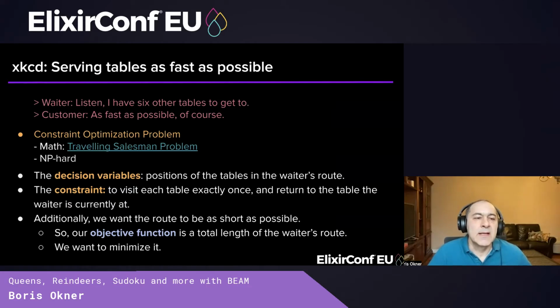This is a constraint optimization problem because on top of the constraints, we also have an objective, and this is a traveling salesman problem in disguise. It's also NP-hard. And let's skip over to the model.